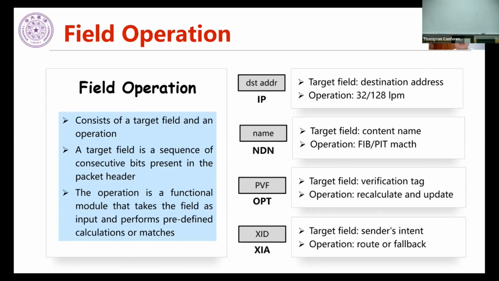For example, in the IP packet, the destination address can be seen as a target field, and the operation is 32- or 128-bit longest prefix match. In the NDN packet, the content name can also be seen as a target field, and the operation is forwarding information base match or pending interest table match. The PVF in OPT and the XID in XIA, and so on, can all be represented by field operations.